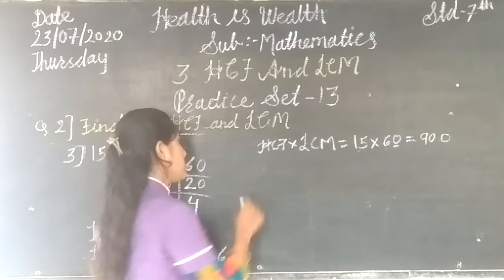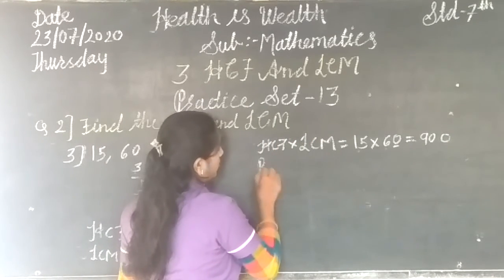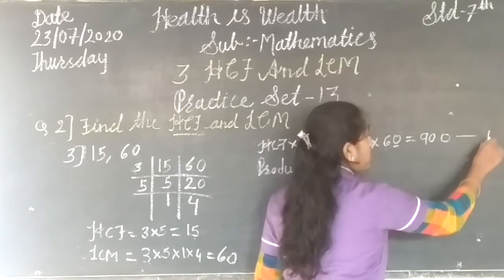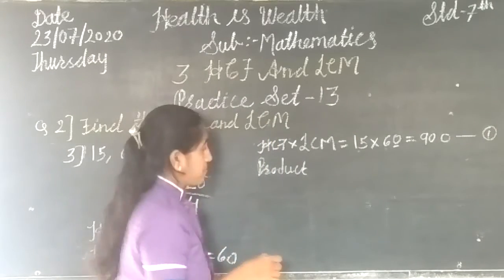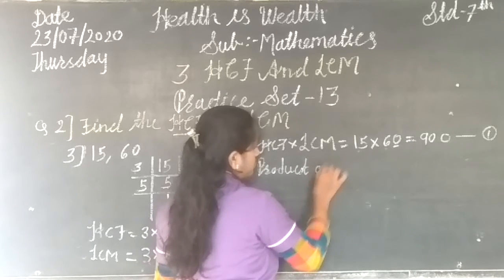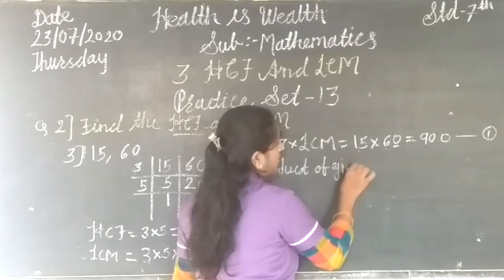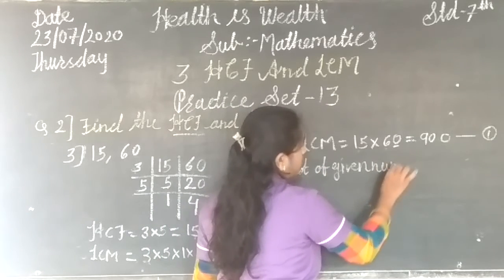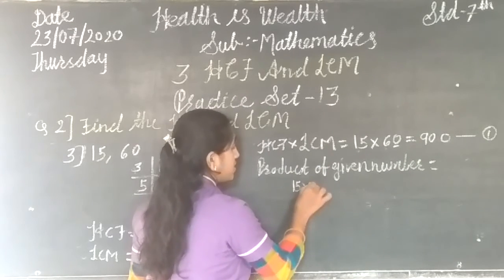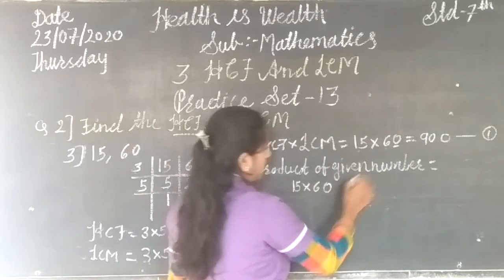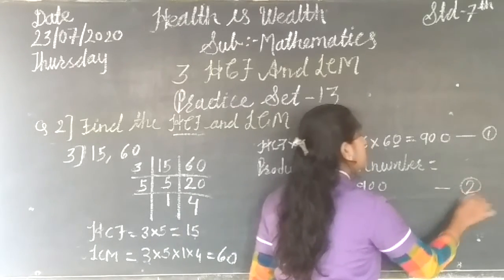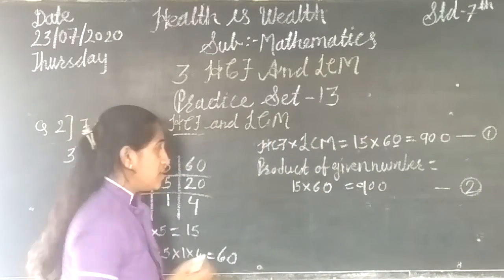Right? Now, product of the given numbers. See, here we have to use equation number 1. The given numbers are 15 into 60. We got the same number again. That means our answers are the same. Verification done.